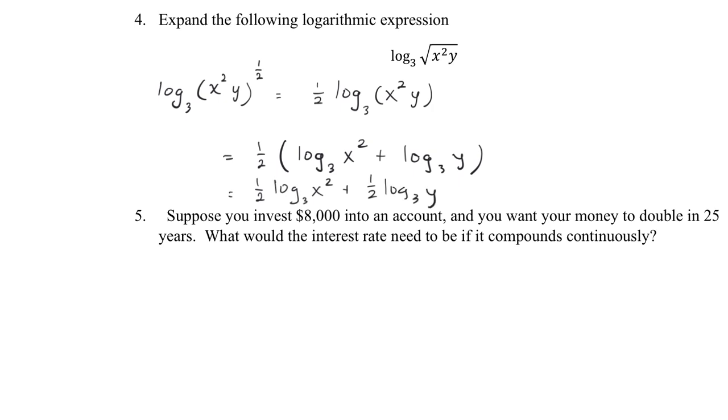Now the final step is to take this exponent of 2, move it in front of this logarithm, and it's going to multiply with 1/2. 1/2 times 2 is 1. So final answer is log base 3 of x plus 1/2 log base 3 of y.